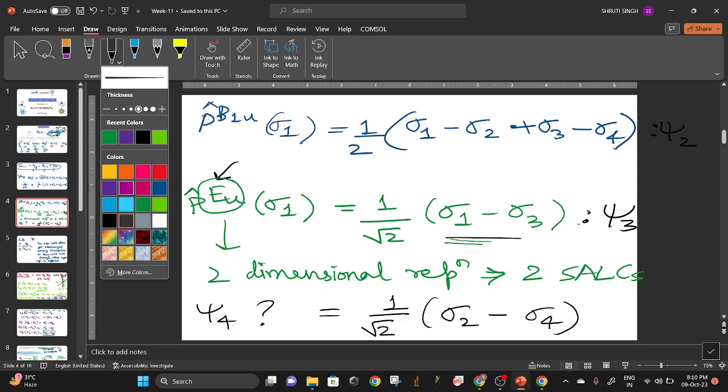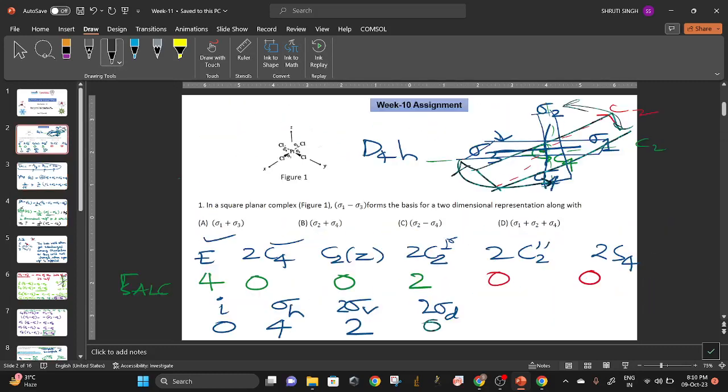So answering this question, the answer should be this, sigma 2 minus sigma 4. Not the plus combination, and these are 3, it cannot be 3.